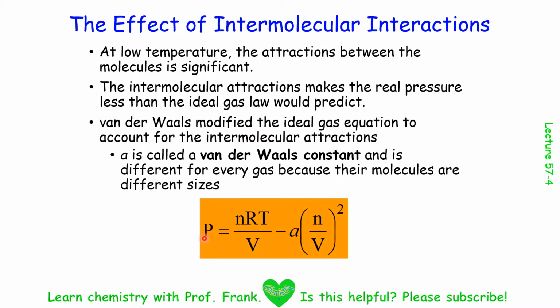Therefore, the modified equation for pressure of a real gas contains a term of a times n over V squared. And a is also called a van der Waals constant, and again, it is different for every gas.